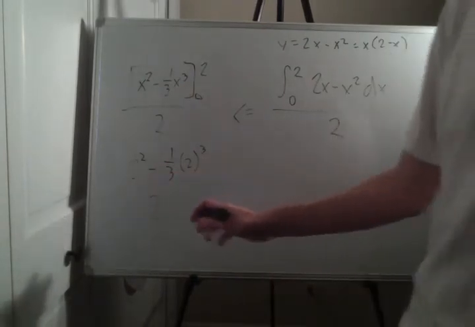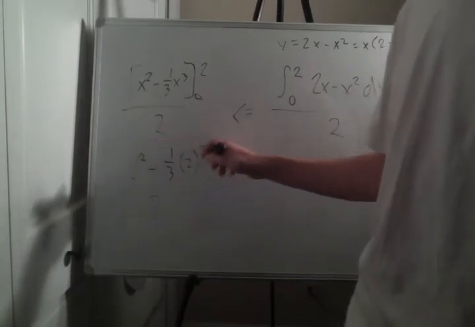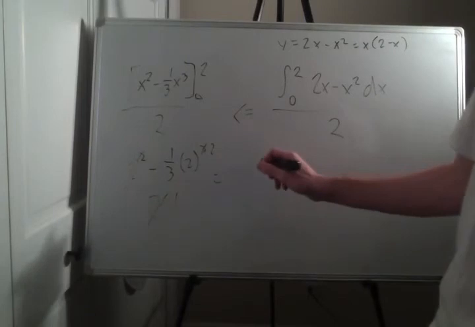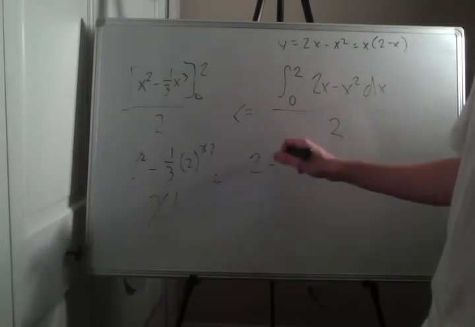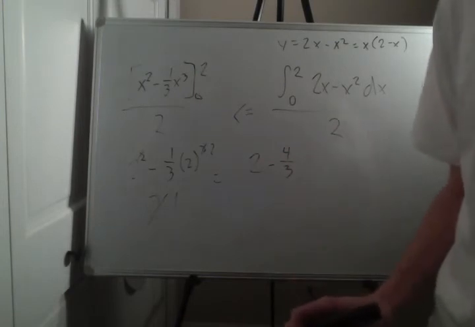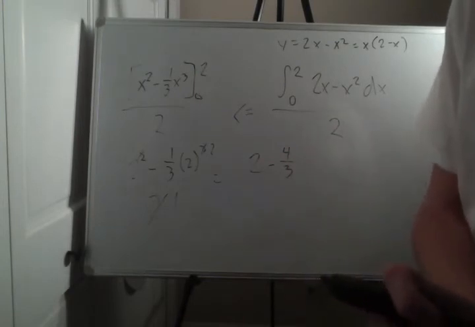This is all over 2. You can then cut that off, make this a 2, and this will just be a 1. And you are left with 2 minus 4 over 3.